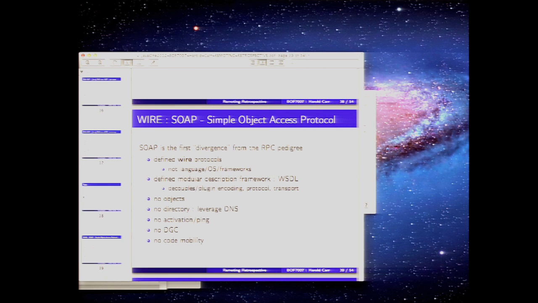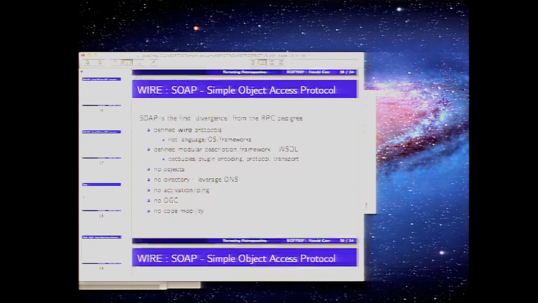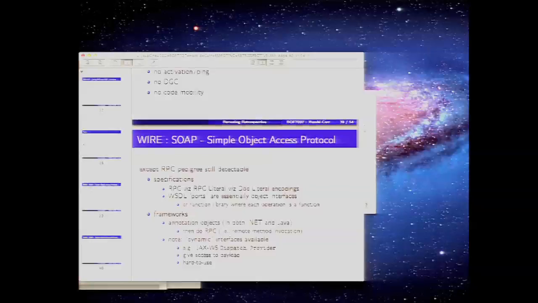All you can do is send it a message and hopefully you'll get something back. If you don't, you better have code to deal with the fact that it's not responding. That is the way you have to do distributed computing. If you try to make the infrastructure take care of all of that for you, it's too fragile. It doesn't work. So SOAP was and is a good thing.